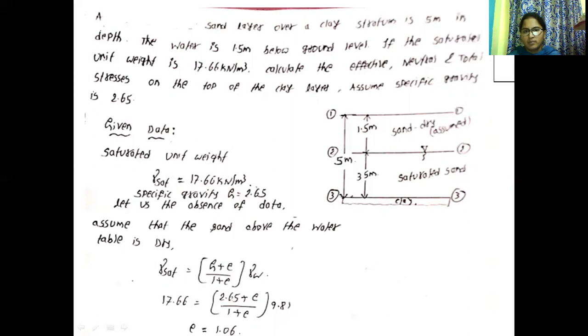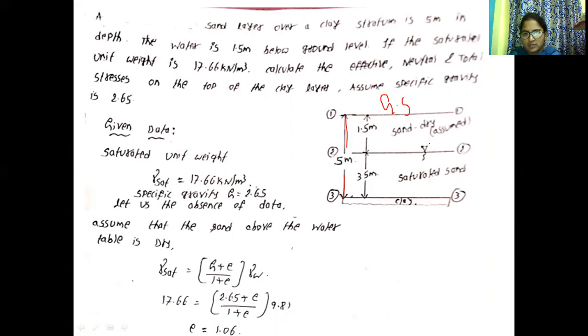In this problem, the sand layer over a clay stratum is 5 meters; the overall thickness is 5 meters. And water is 1.5 meters below ground level, this is ground level, so the water table will be there.